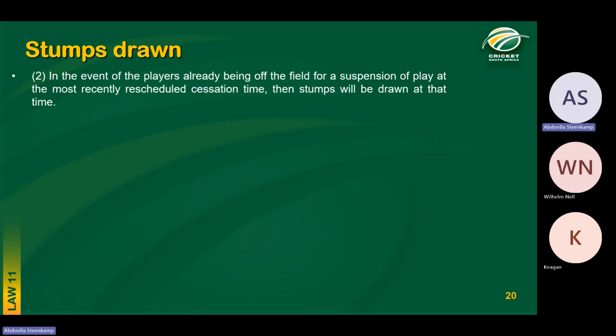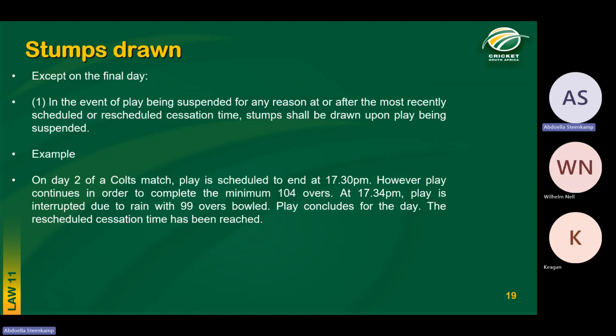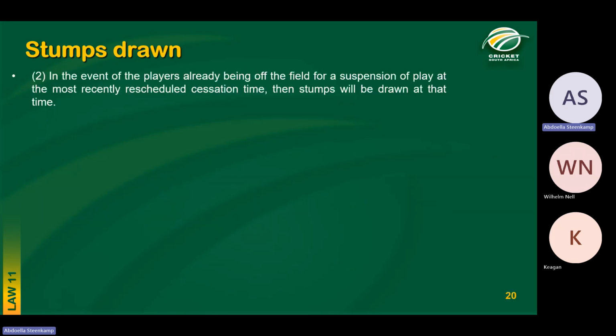No, we cannot call stumps, because we cannot activate clause 1, because clause 1 wants it to be at cessation time or later. In this clause 2, it rains at 17:20, so we cannot activate clause 1. So what do we do now?